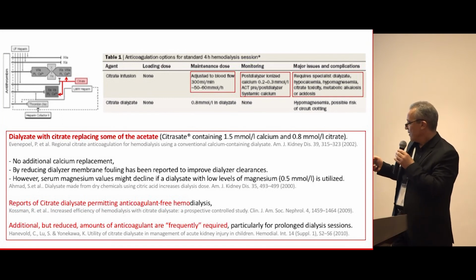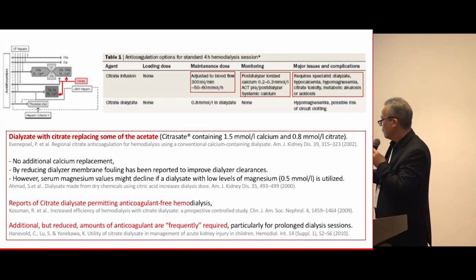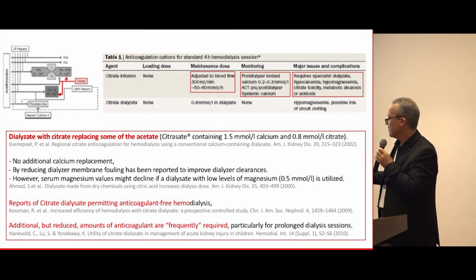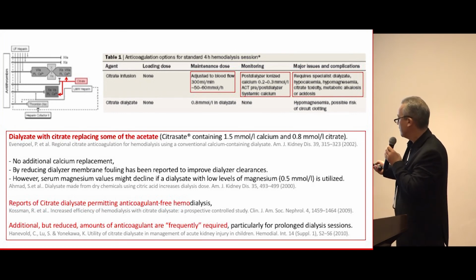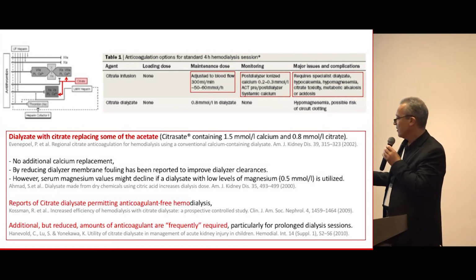Lastly, we have the use of citrate dialysate, since we can replace acetate by citrate in the dialysate, using 0.8 millimole of citrate. And there is no additional calcium needed.